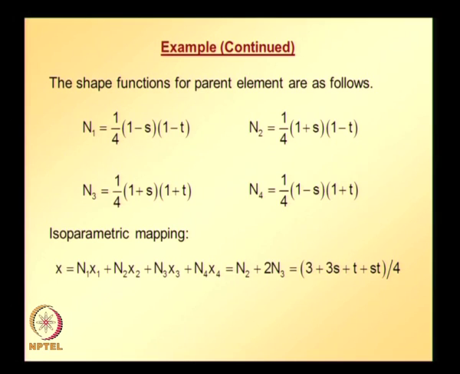How x is related to s and t is given by x is equal to N1 x1 plus N2 x2 plus N3 x3 plus N4 x4, where N1 to N4 are shape functions of the parent element which are given, and x1 to x4 are the nodal coordinates of the actual element.